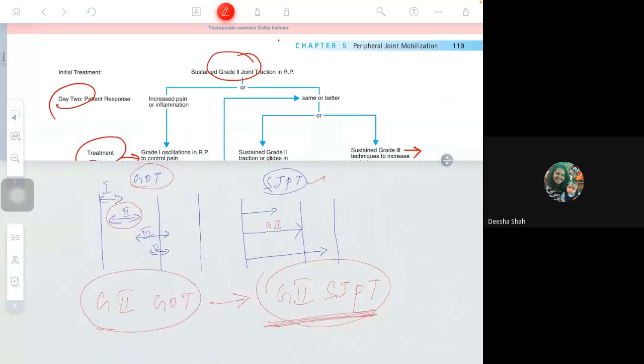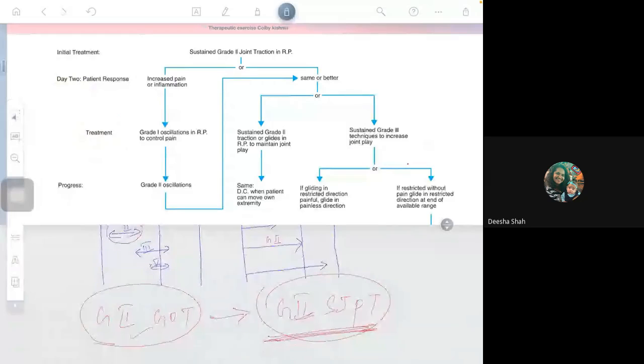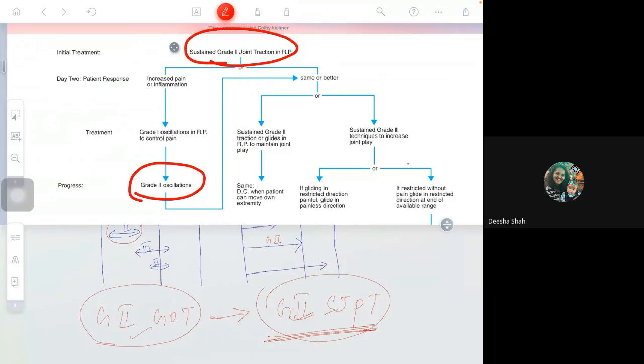Achha. So where is it in this diagram? You can see here. Grade 2 GOT, where is grade 2 GOT? This is grade 2 GOT. Where is grade 2 SJPT? Here is grade 2 SJPT.